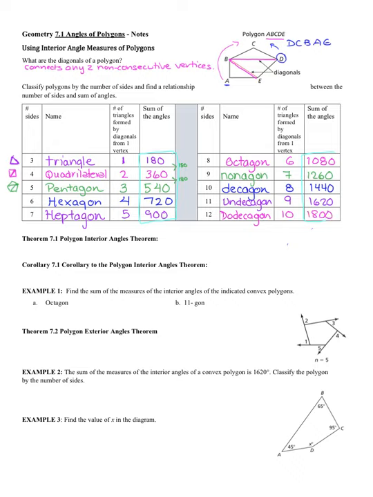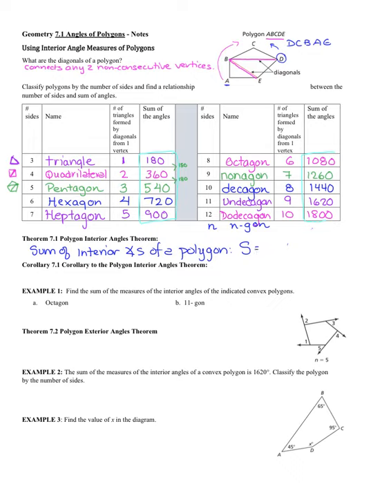If I had n sides, you would call it an n-gon. All right, so when you have an n-gon, then you can find the sum of the angles by the following formula. The sum of the interior angles of a polygon can be found by this formula.